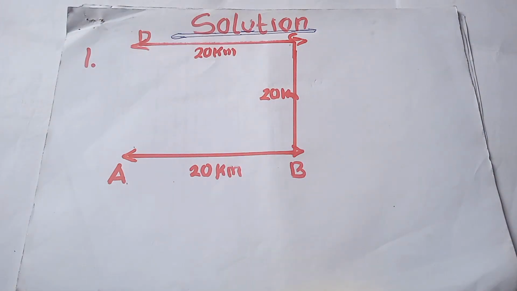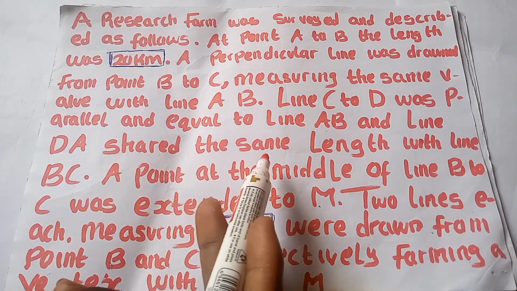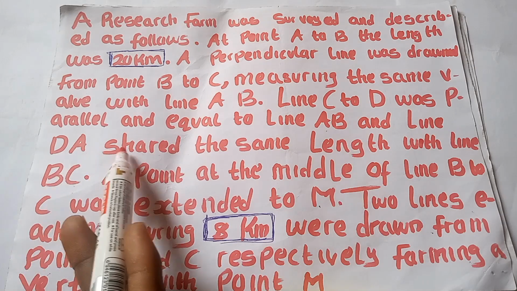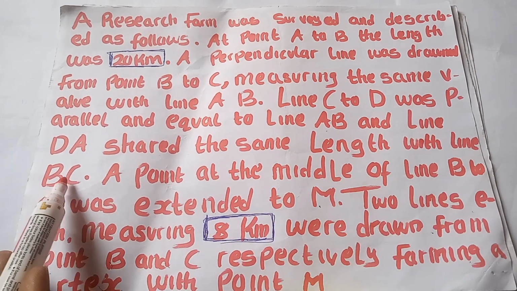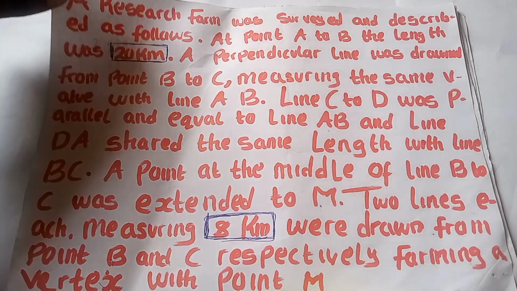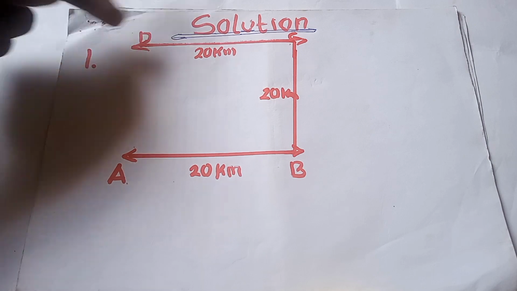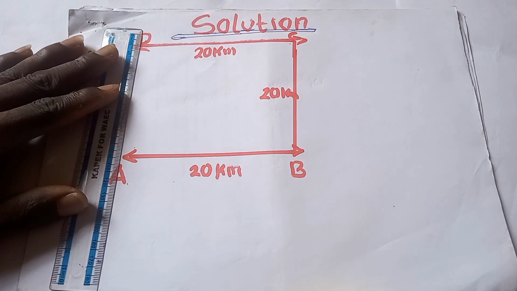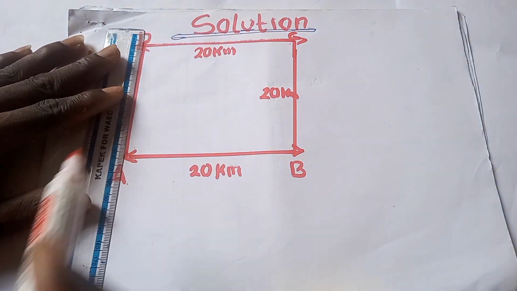Now, back to our question. The next statement said, line DA shared the same length with line BC. Line DA, this is DA. This is the line that they are talking about. That is, I will have to draw another line from D to A. And the question said they shared the same length with what?